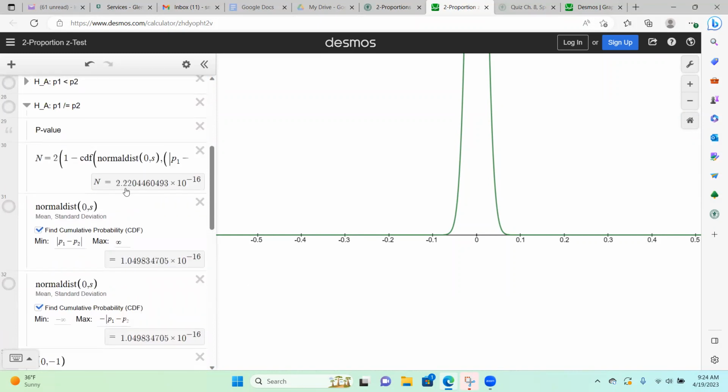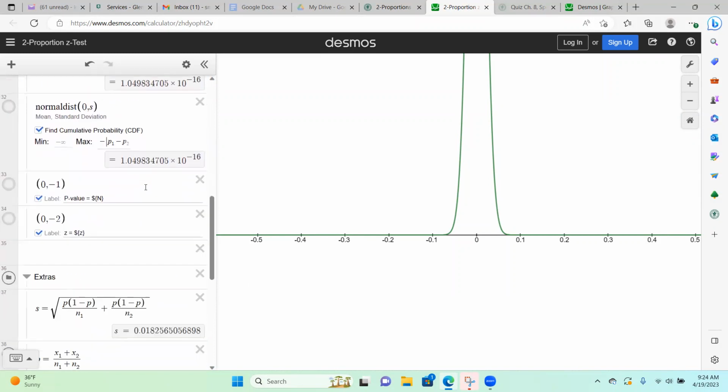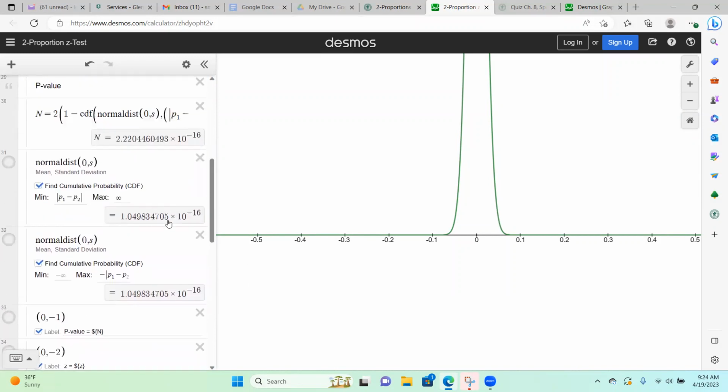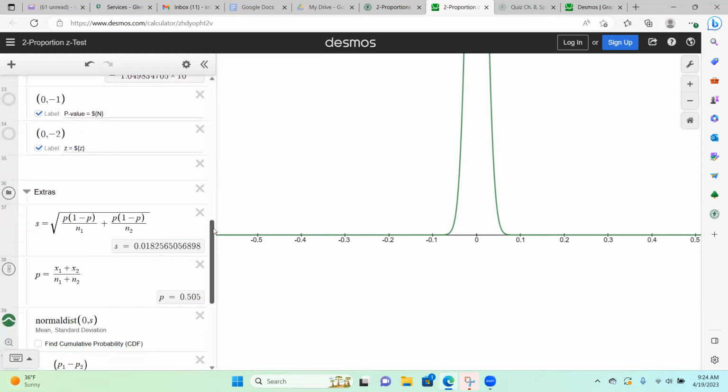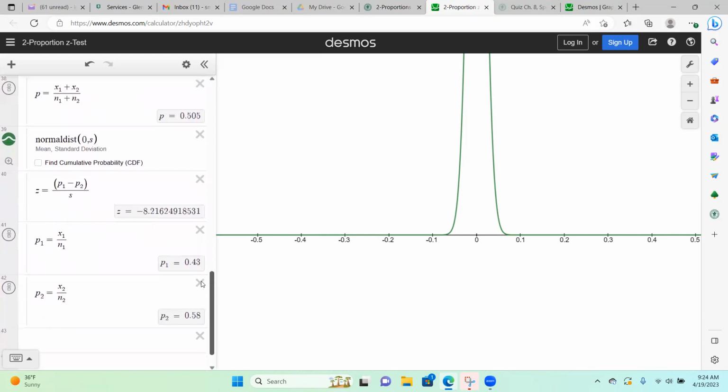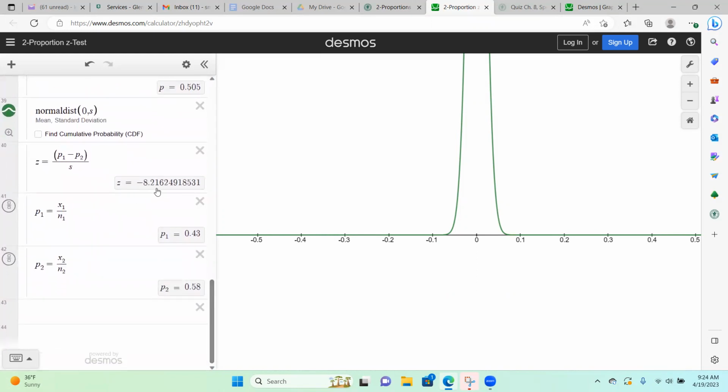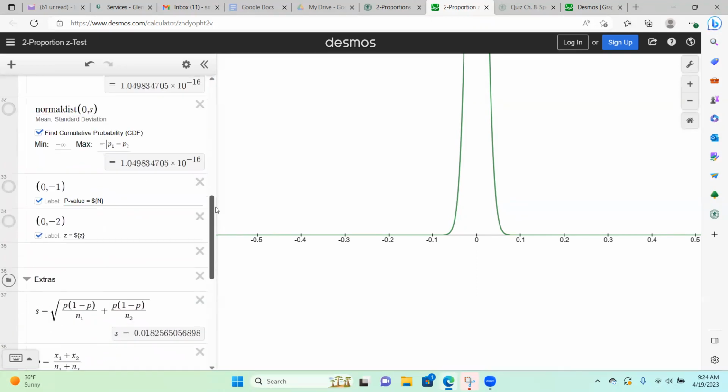So right here, our p-value is very, very, very small. So we're going to write that our test statistic right here is negative 8.216, which is very, very far from our center, where there would be no difference.